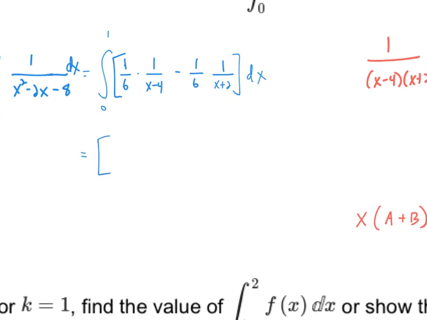And then remember, the integral of this is just ln of the bottom. This is really 1/6 ln absolute value of x minus 4. And the same idea with the next one, minus 1/6 ln absolute value of x plus 2.